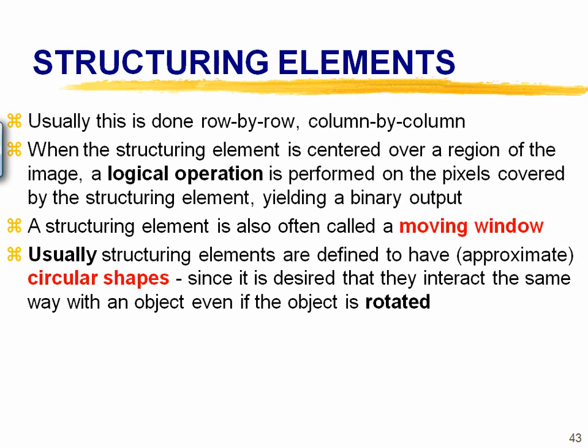For example, if I want to perform a particular operation on an object, and if the object is rotated somehow, then the particular effect of the structuring element is minimized on the shape of the object if the window is symmetric. Furthermore, the constraint on all structuring elements is that they have to be odd numbered. The number of pixels enclosed within the structuring element has to be odd numbered. They can never be even numbered.